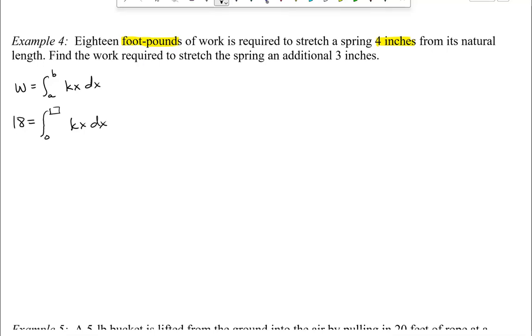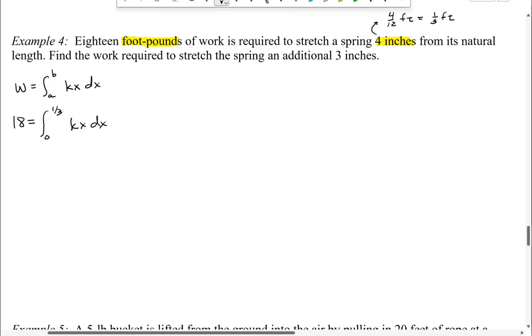So 4 inches right here is the same as 4/12 feet, or 1/3 of a foot, right? And the reason we need to do that is because 18 is in foot-pounds, so we need to convert our distance that we've stretched our spring beyond its natural length to feet. So my upper limit of integration here is 1/3.